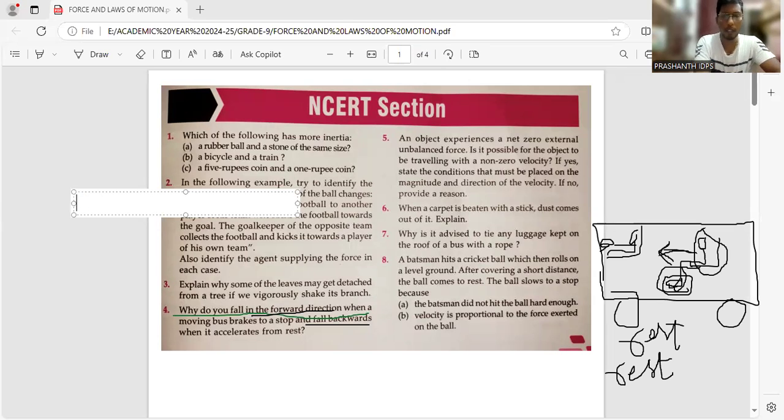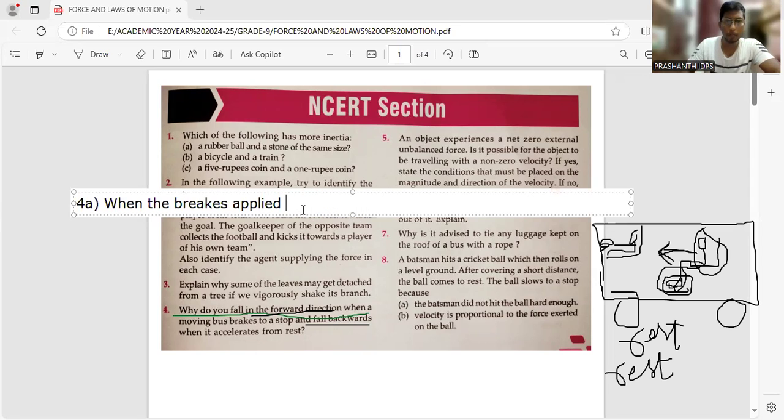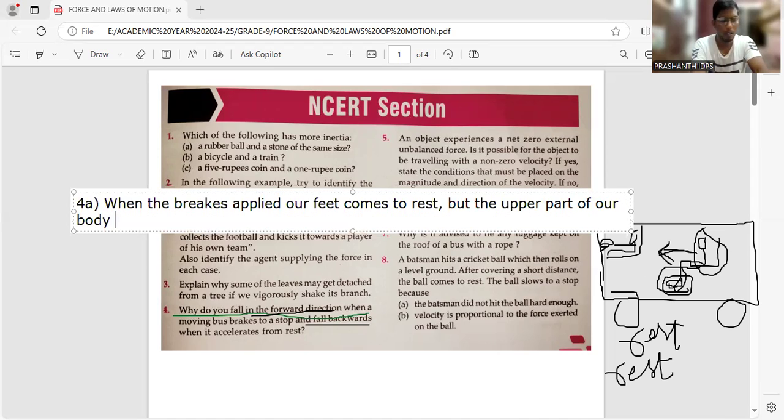Okay. Fourth answer, note down. When the brake is applied, our feet come to rest, but the upper part of our body continues to move in the forward direction.